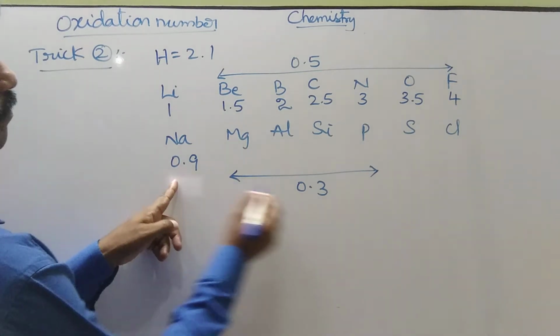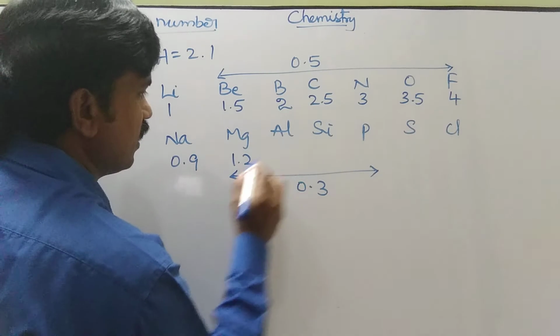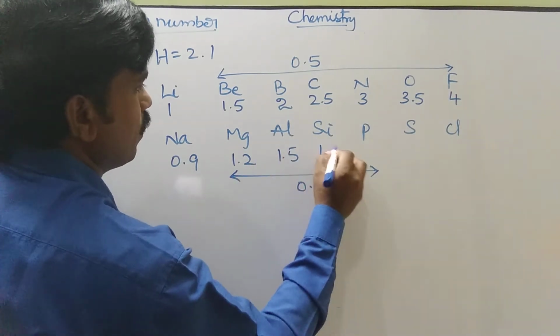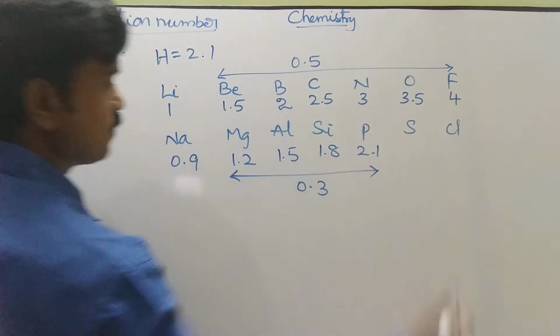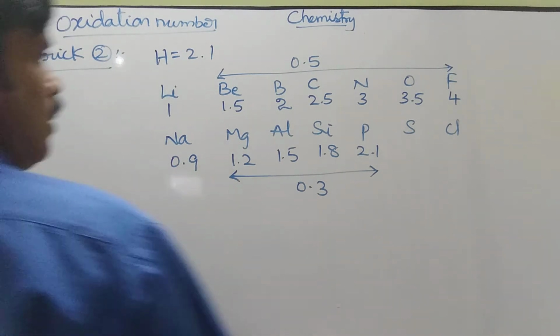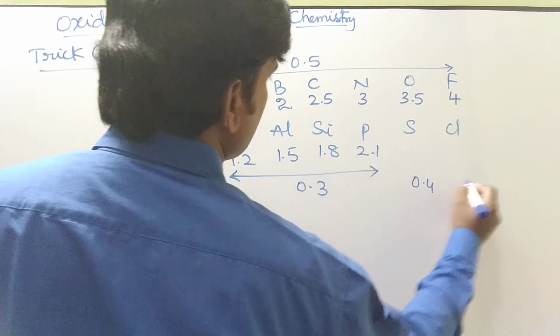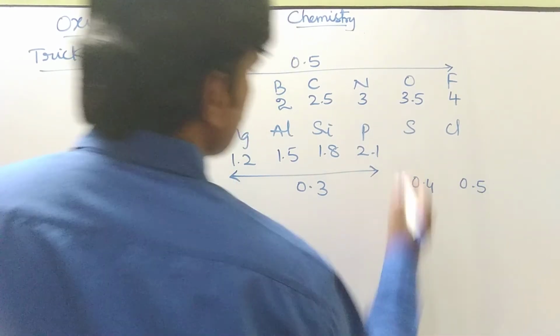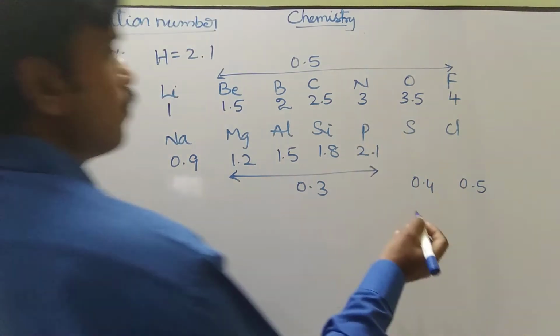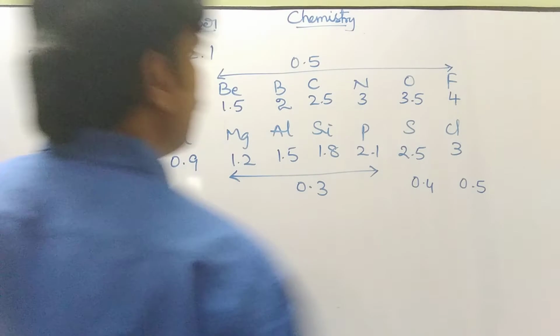So 0.9 plus 0.3 is 1.2. 1.2 plus 0.3, 1.5, 1.8. And phosphorus electronegativity value is 2.1. After that, add 0.4. Here add 0.5. So, electronegativity value of sulfur is 2.5 and chlorine is 3.